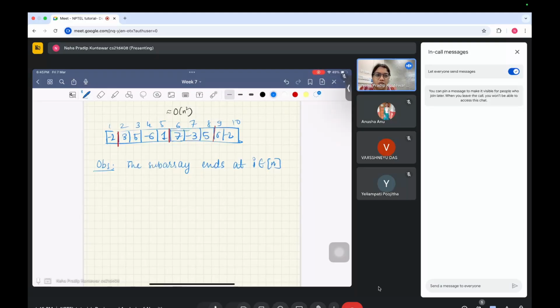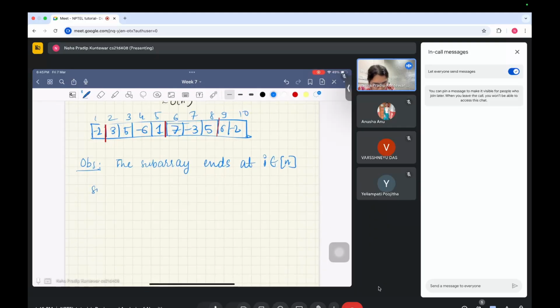So the subproblem that I'm going to solve is that I will find out the maximum sum of a subarray that ends at I. It could start anywhere.